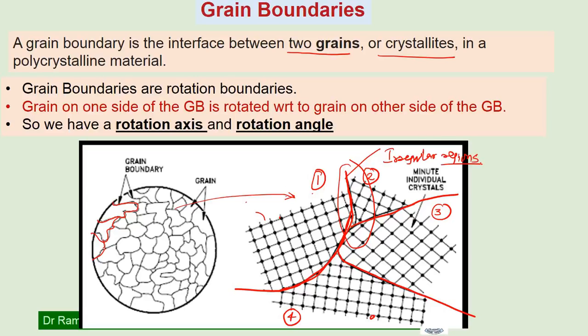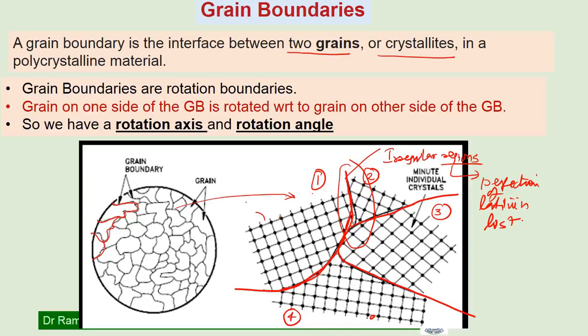The regions which are irregular in terms of crystal lattice, or I can say here the perfection of the lattice is lost.